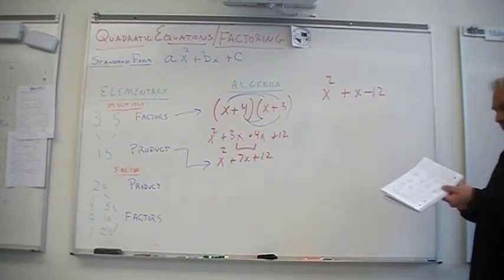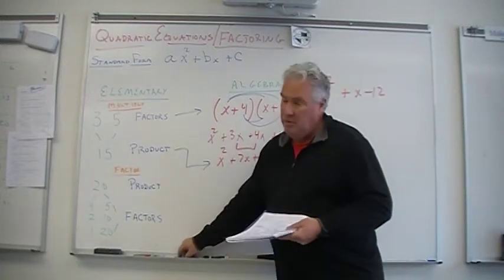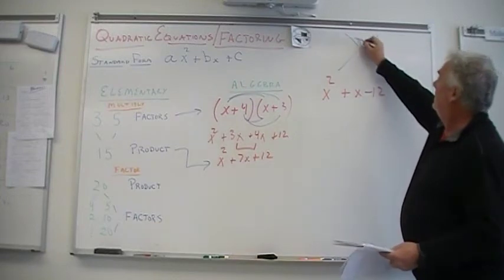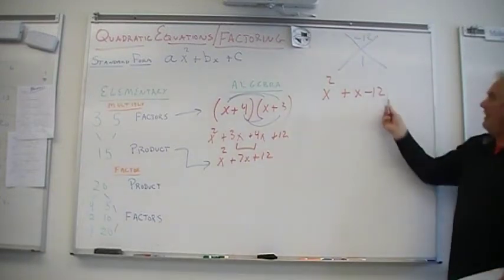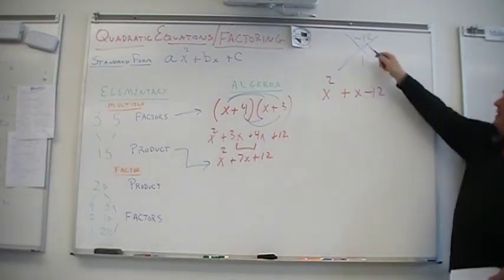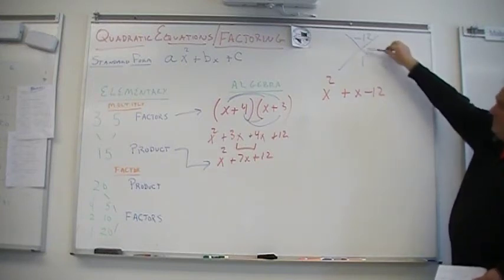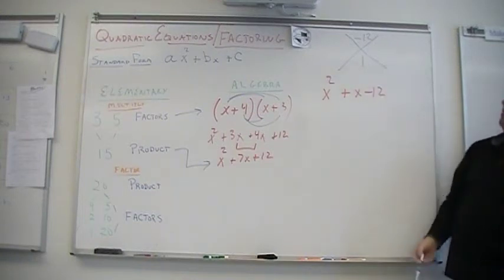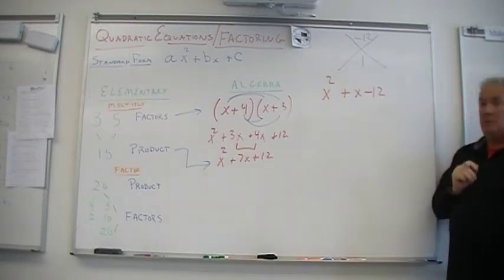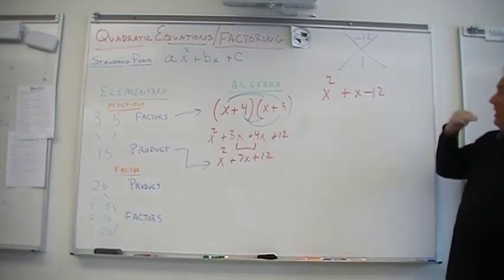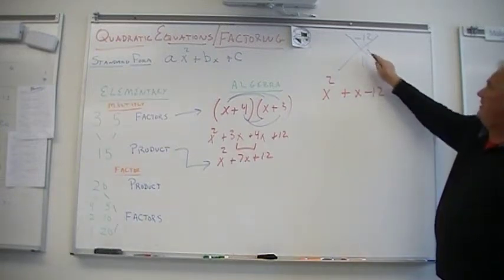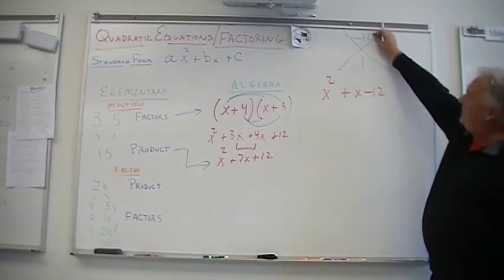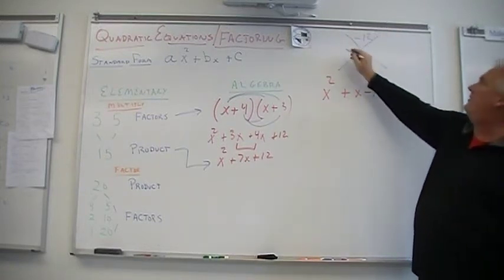And the tool that I use to teach this, I don't know what your Algebra 1 teacher taught you, but we take this term right here, the one at the end, and we put it up at the top of this x. And then whatever term is right here, in this case it's 1x, so a 1 will go there. And then the thought process is, what times what is negative 12, but added together is 1.